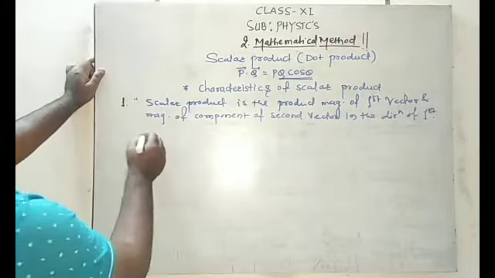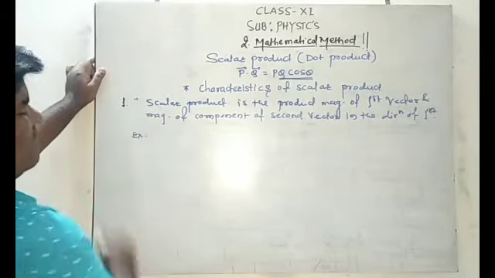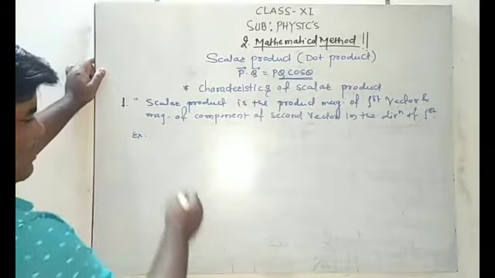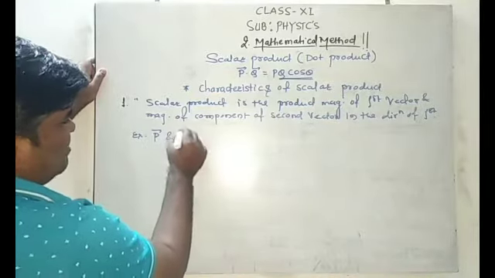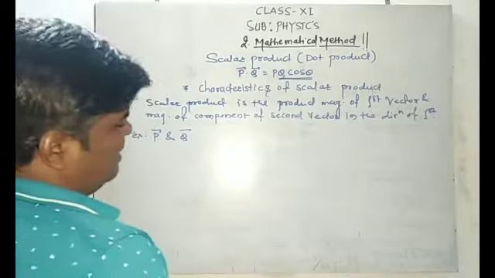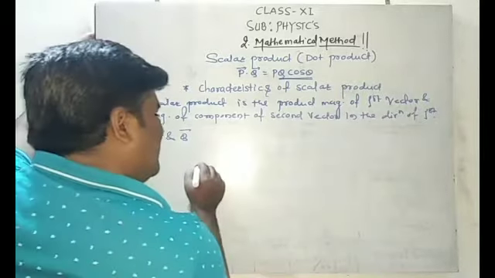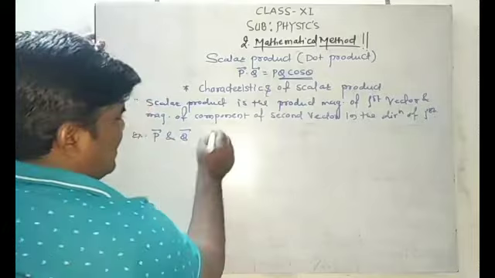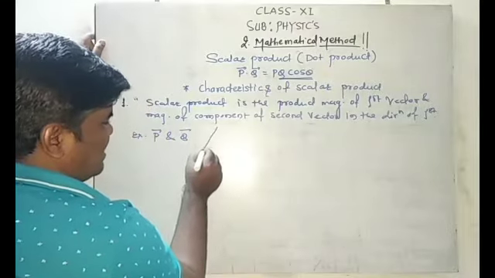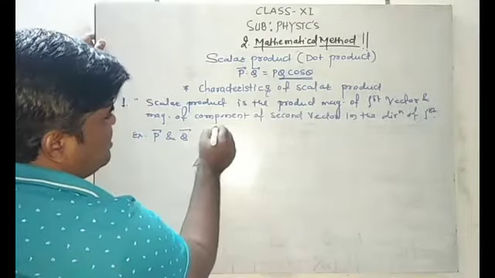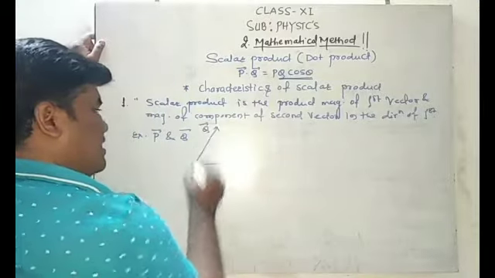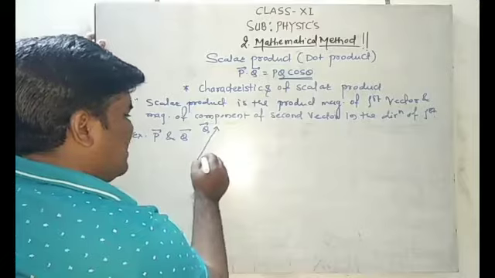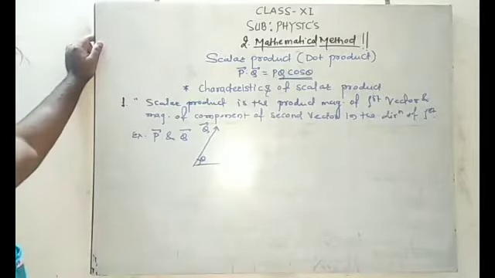So we can take an example. If we have two vectors P bar and Q bar, then P bar is in this direction and Q bar is in this direction. So this is P bar and this is your Q bar, and theta is the angle between these two vectors.